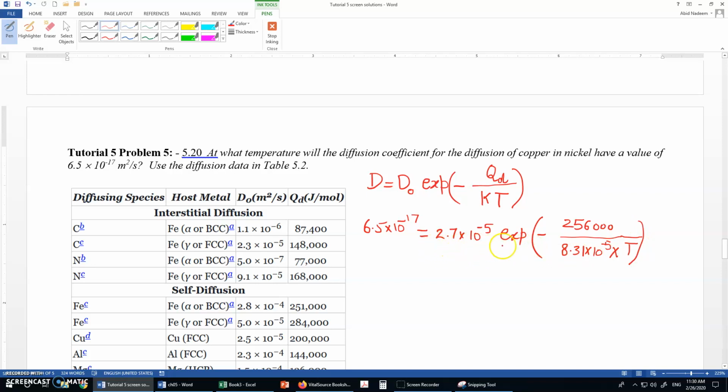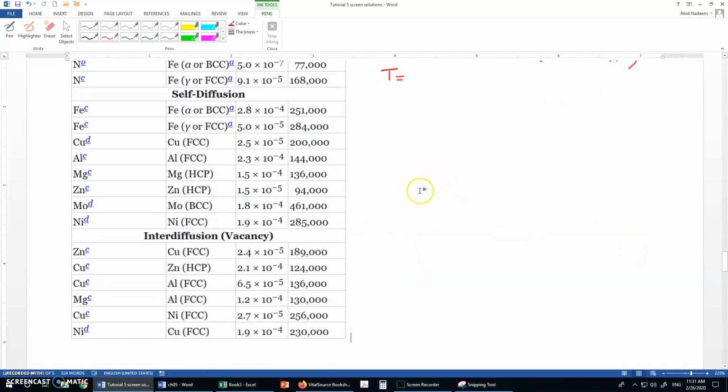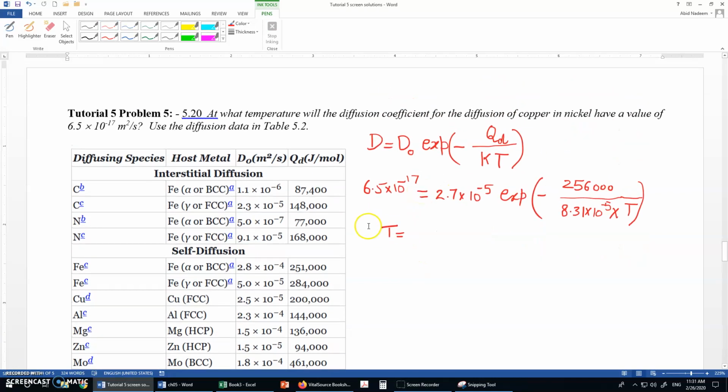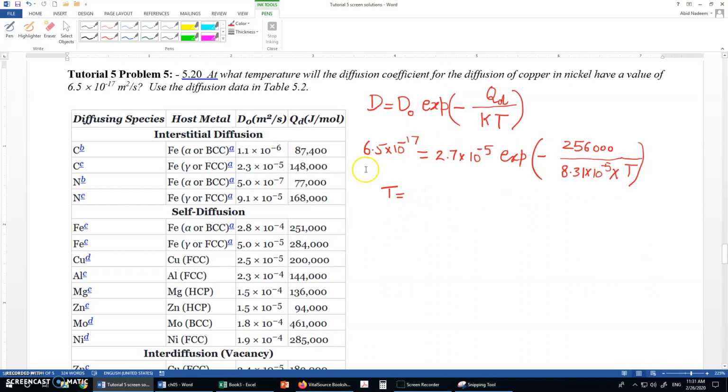Now it is up to you to solve it, and if you solve it with some calculations, the answer over here will be 1152 Kelvin, or you can convert it into centigrade as well.